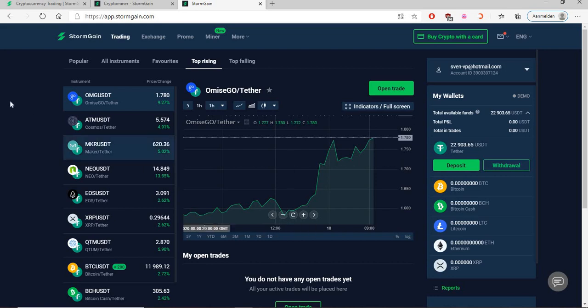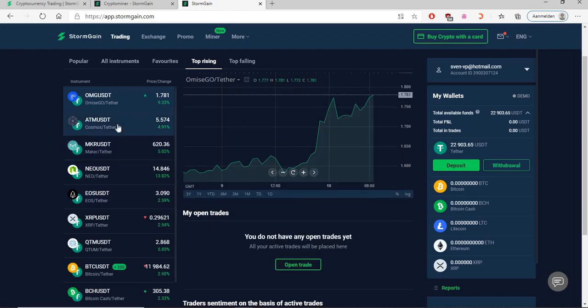Now here you can see many different pairs of coins and the US dollar Tether currency. You can see here the percentage of which you're going to gain or lose some money.